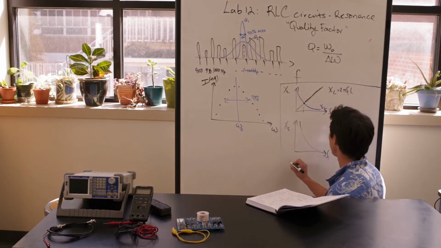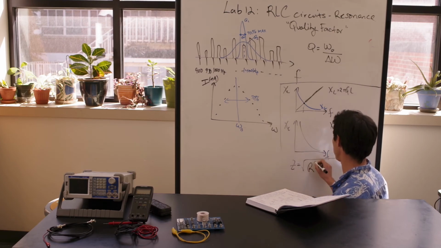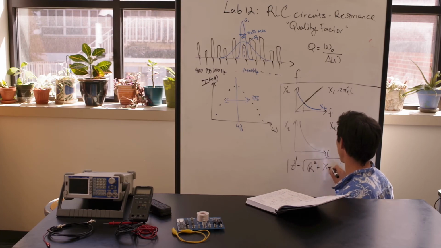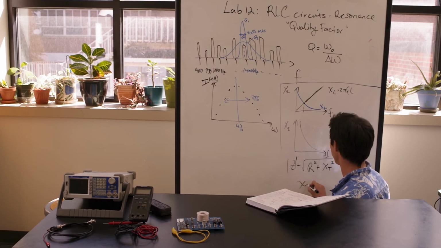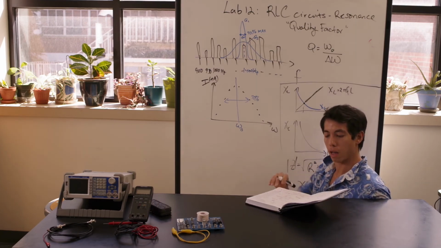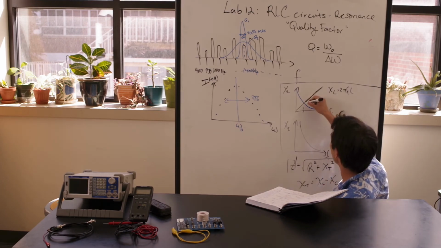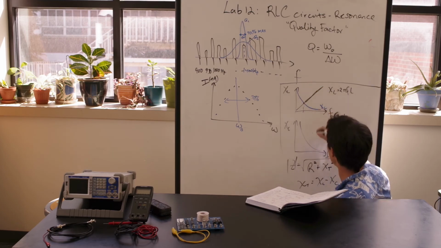So, recall that the impedance was equal to the square root of resistance squared plus the total reactance squared. So the total reactance is given by chi sub L minus chi sub C. So notice that when the reactances are equal here, we minimize the reactance.